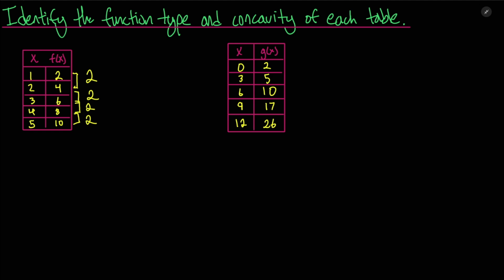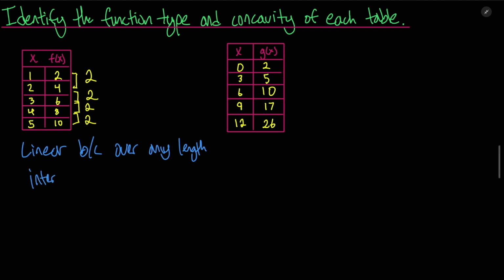So you're still going to get 2 either way. So if we want to write that into a sentence, this is linear because over any length interval, the average rate of change remains constant.